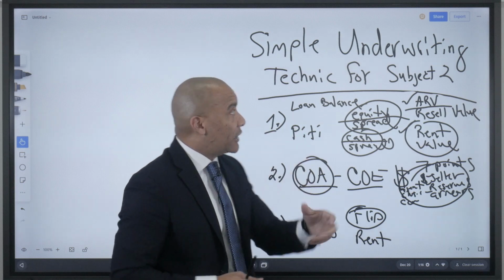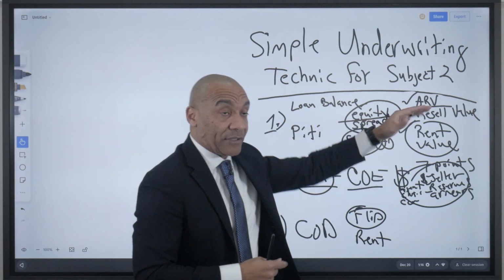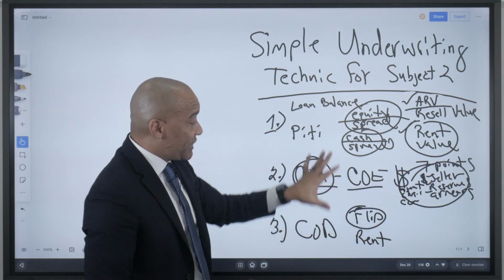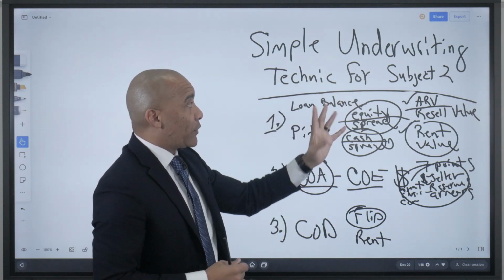You're going to have to deduct the loan balance that still exists when you sell it. You're going to have to deduct the amount of money you put in for your cost of entry. But just these 3 points alone are simple underwriting techniques.